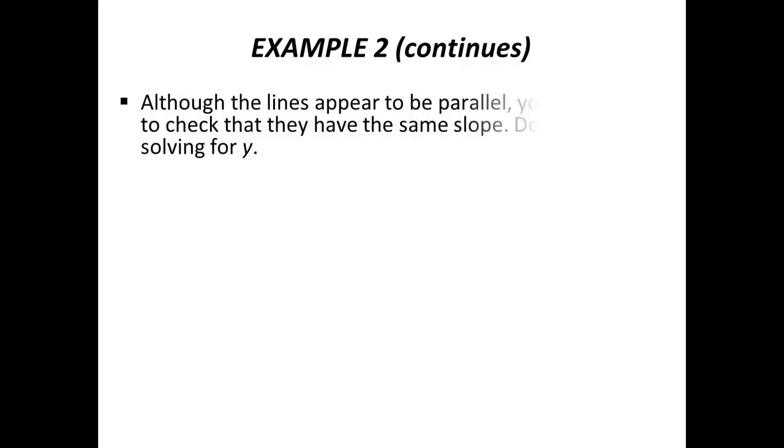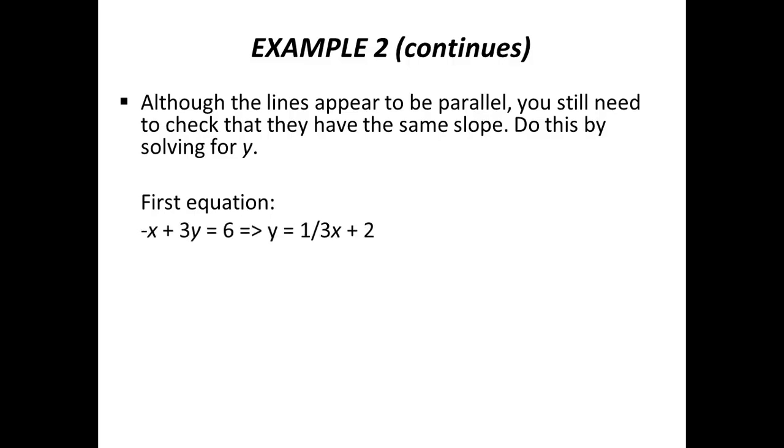Further investigation of this problem, the case where the two lines are in fact parallel, which means that they would never intersect: we can take the first equation and transform it into slope-intercept form, which yields y equals 1/3 x plus 2, and transforming the second equation into slope-intercept form, we get y equals 1/3 x minus 9.